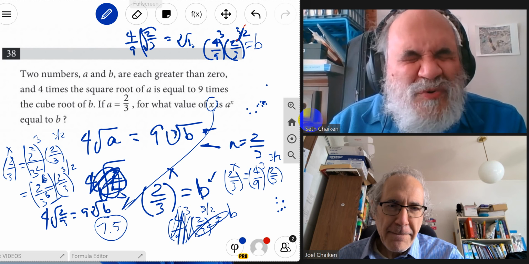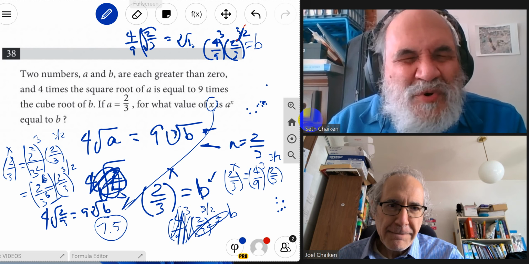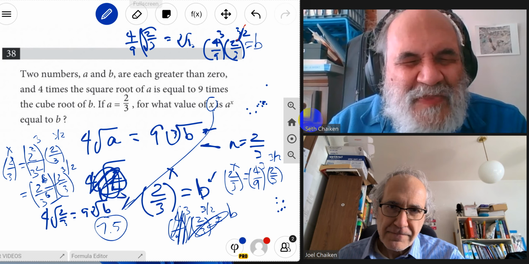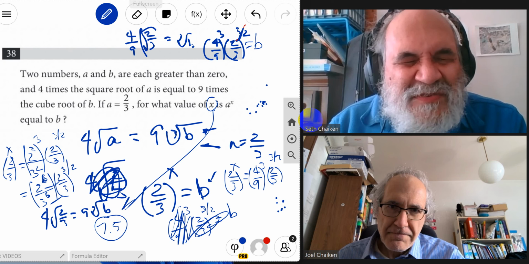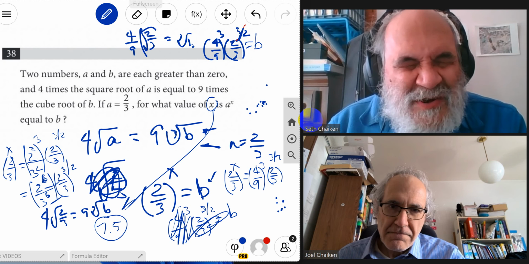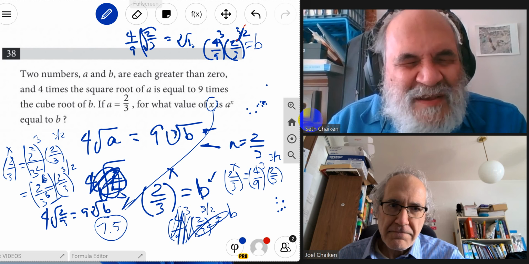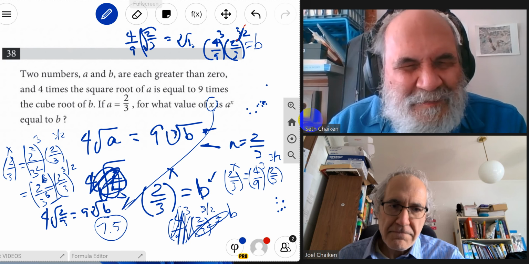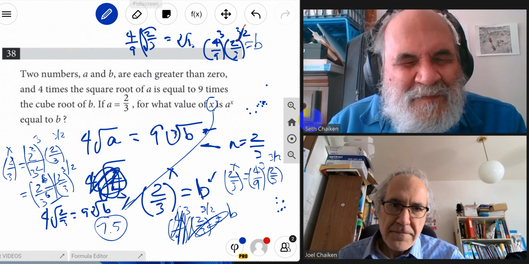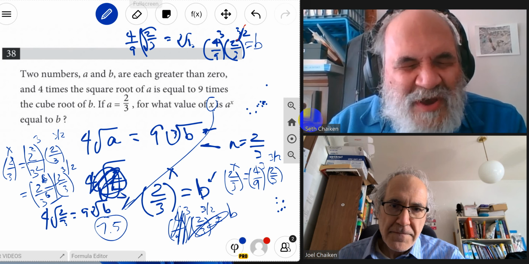the wise move is to keep 2/3, keep the base 2/3 of exponentiation unchanged, and then recognize that 4/9 is 2/3 squared. And so do everything in terms of powers of 2/3.